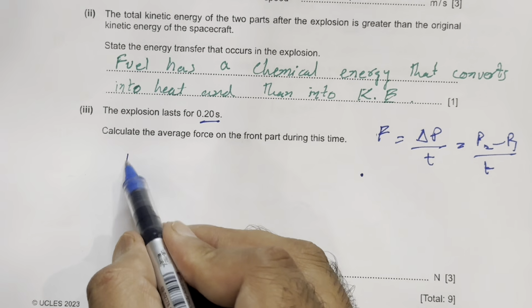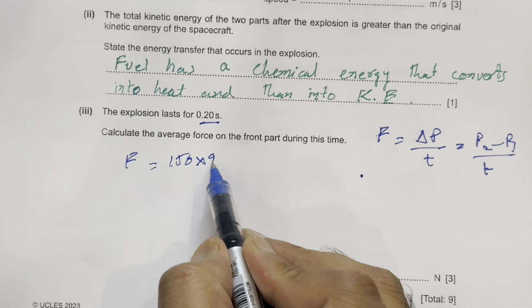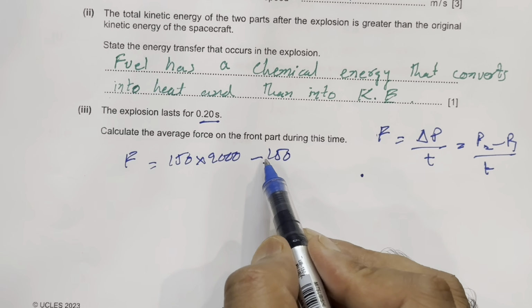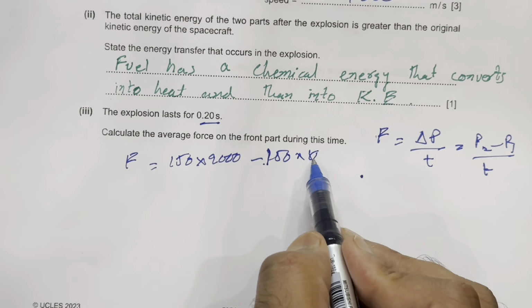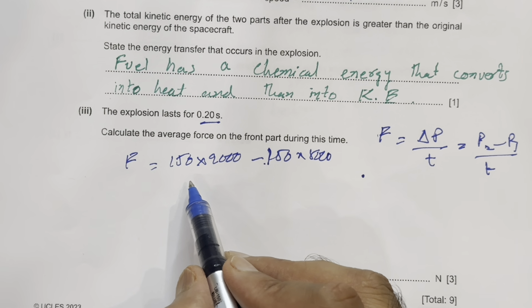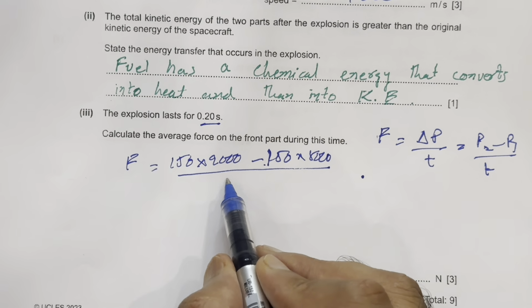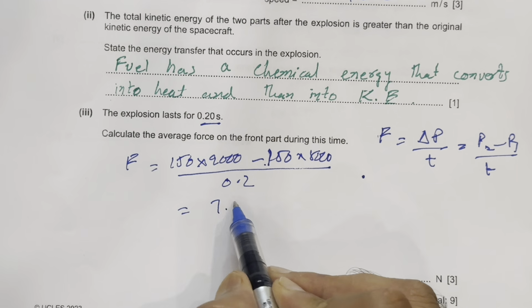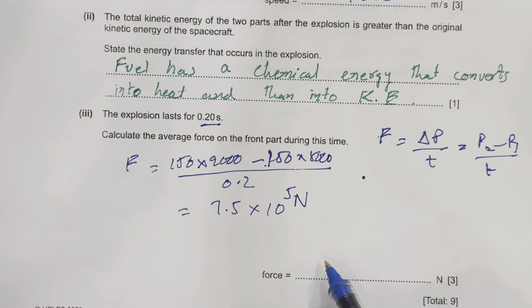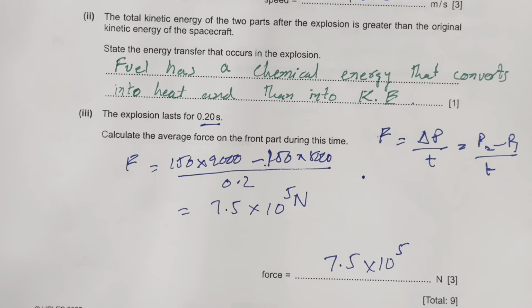After putting those values, P2 is 150 into 9000, which we already calculated, minus 150 into 8000, divided by 0.2, you would get 7.5 into 10 raised to power 5 Newton. So the answer would be 7.5 into 10 raised to power 5 Newton.